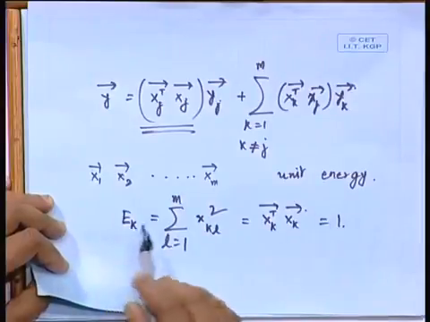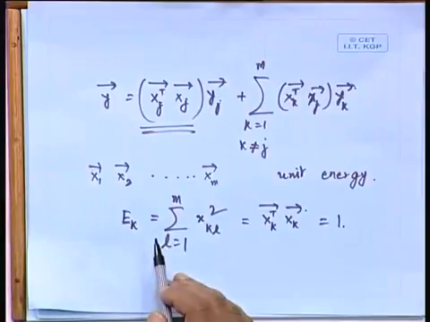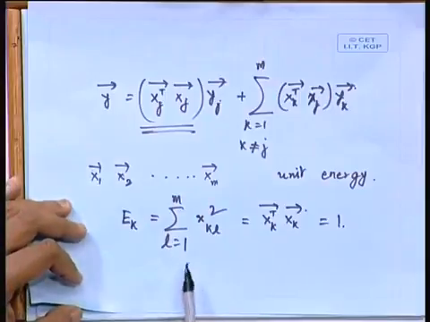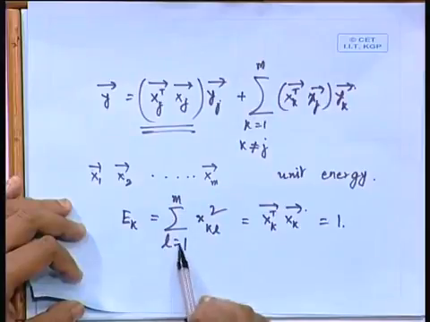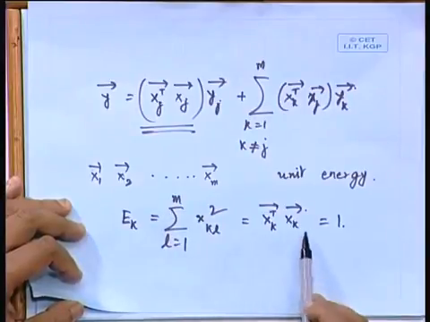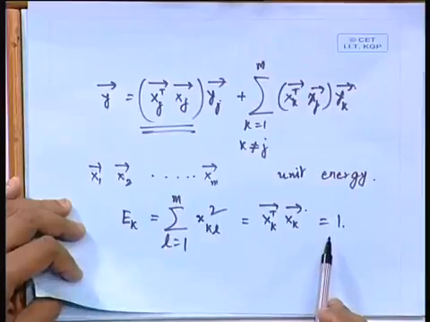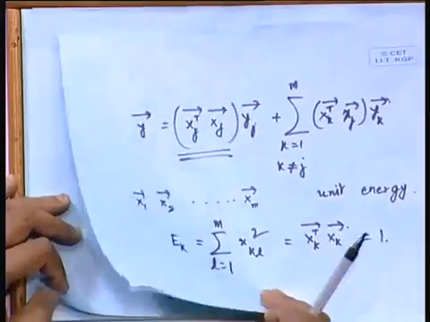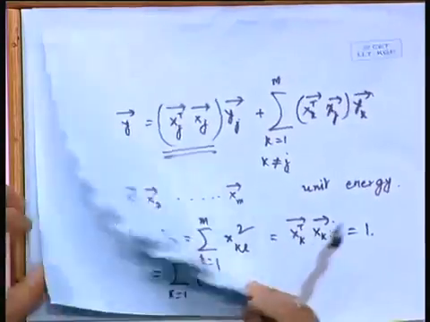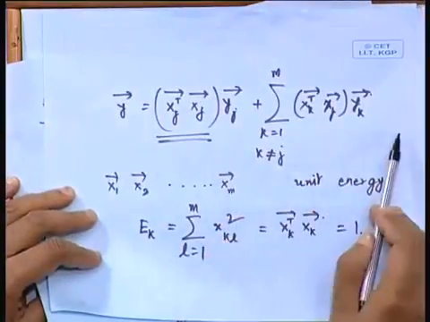In other words, if we calculate the energy Ek of any vector, let us say the kth vector, then Ek will be equal to the summation of xkl square, l equal to 1 to m, and we just add it up and it becomes equal to 1. All right. So now we can simply write down that Y is equal to Yj plus this term.